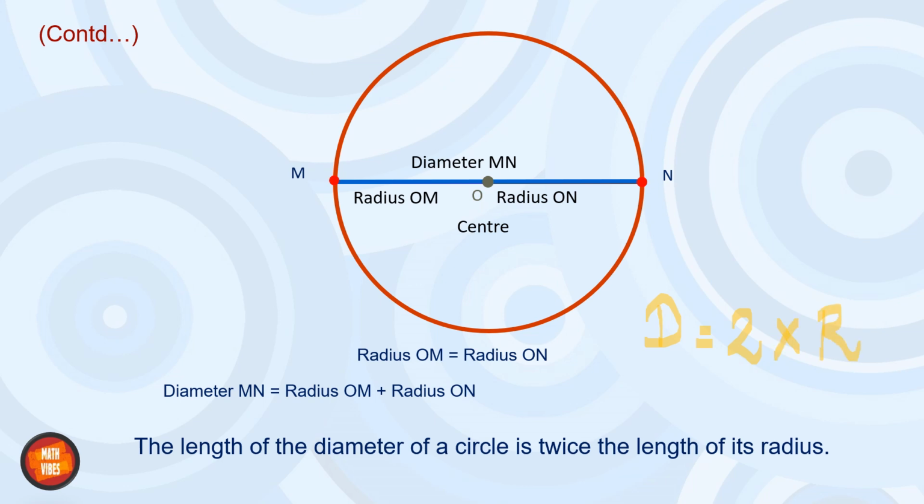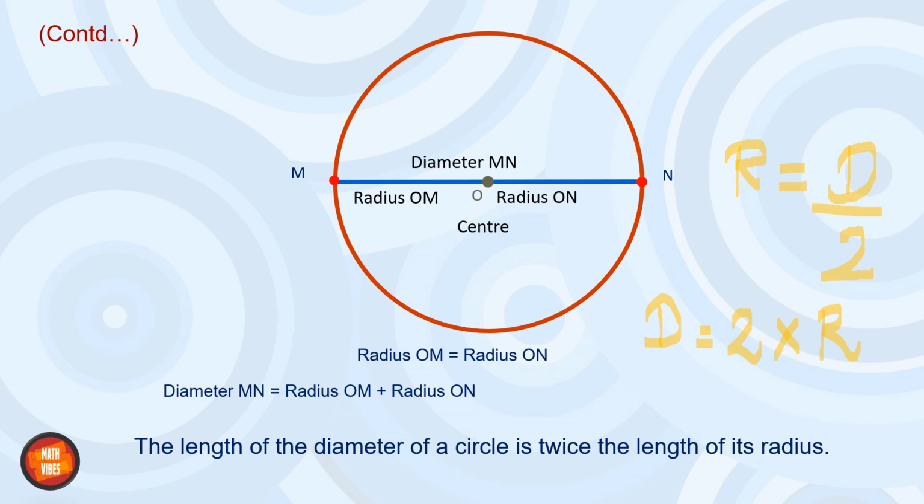Alright, so this is the formula that we will learn so many times and we will use it many times in the questions. So same way, if diameter is 2 times radius, I can also say that radius is half of diameter. If I divide the diameter by 2, if I remove this portion, then I will get a radius. So diameter is 2 into radius and radius is diameter divided by 2.